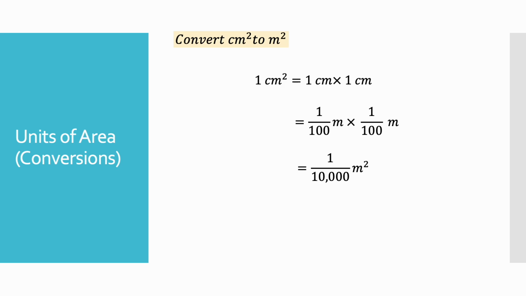This would be 1 by 10,000 meter square. So 1 centimeter square is equal to 0.0001 meter square. So whenever you are converting centimeter square to meter square, just divide by 10,000.